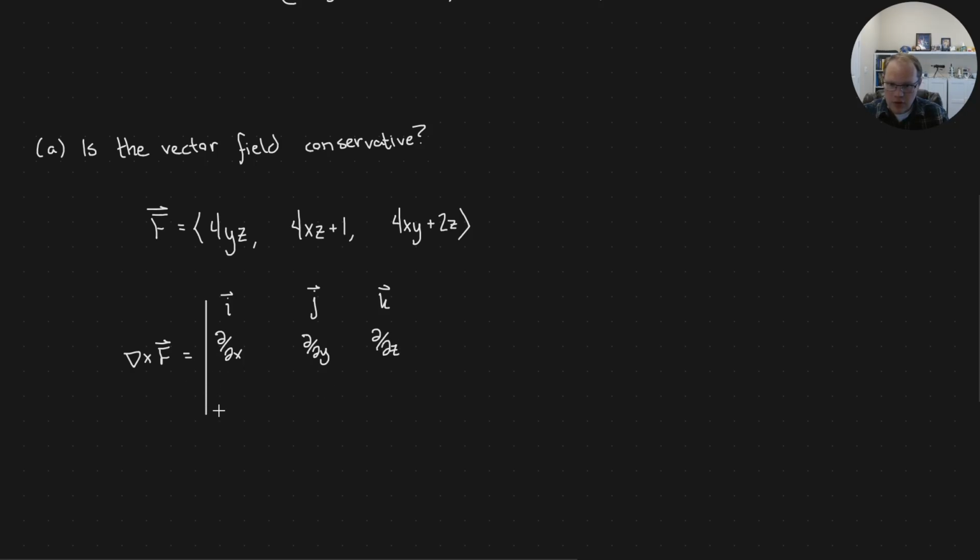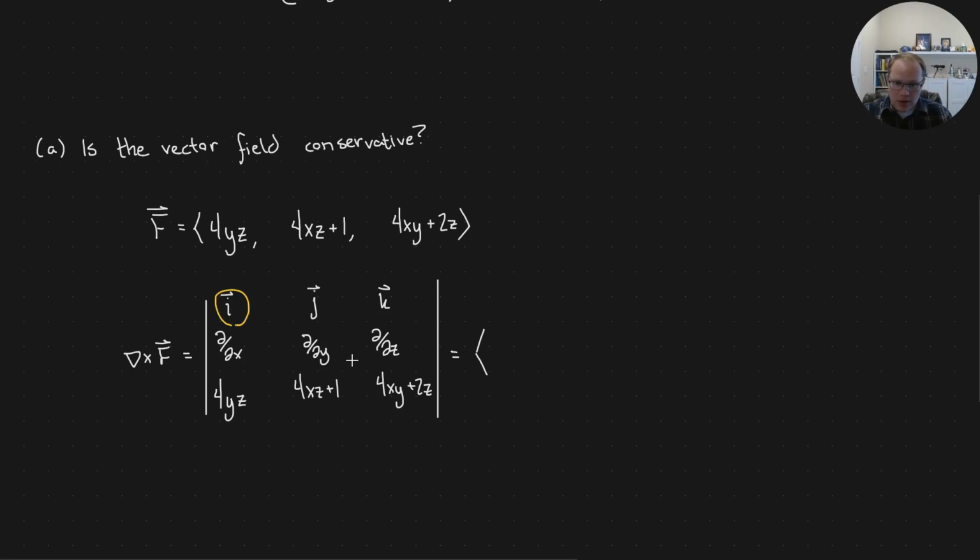The third row, you have the components of our vector field f: 4yz, 4xz plus 1, 4xy plus 2z. This is a three-dimensional vector field, so we expect our answer to be a vector. The first 2 components will not be 0, unlike a scalar curl over a 2-dimensional vector field.